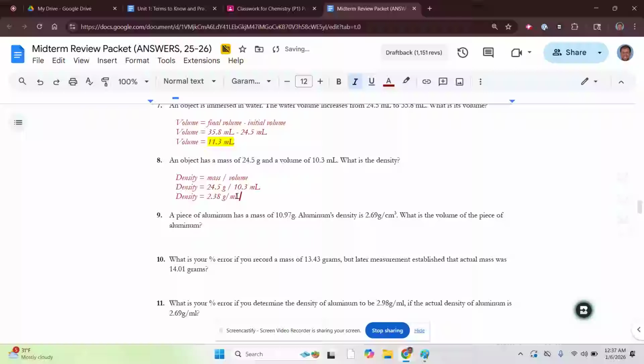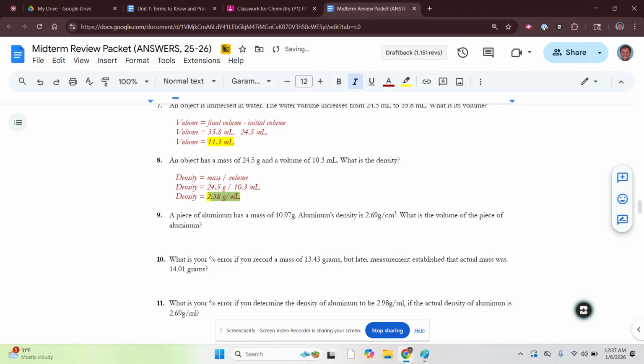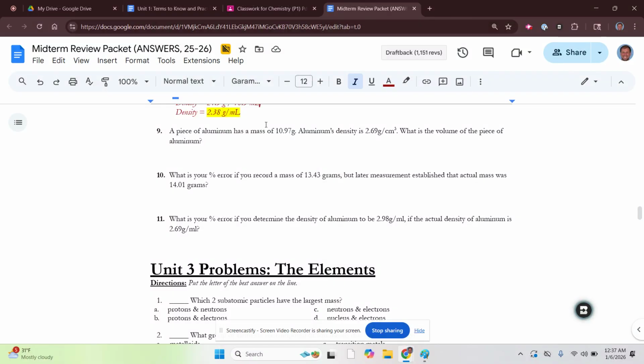Because we did grams divided by milliliters for the equation, our units are also grams divided by milliliters. A piece of aluminum yarn has a mass of 10.797 grams. Aluminum's density is 2.69 grams. What is the volume of this piece of aluminum?